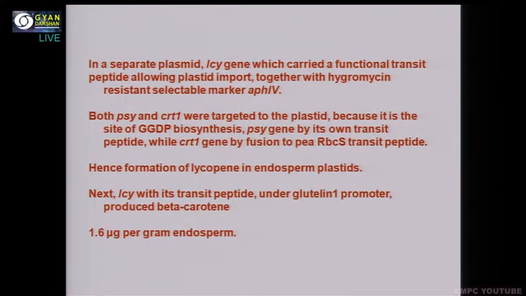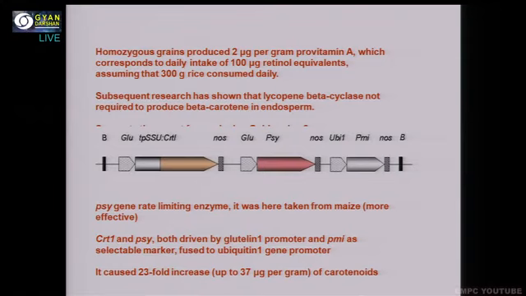This was the amount of beta carotene produced in the transgenic, or golden, rice. Of course, people went on with other modifications, and finally up to 37 microgram per gram of carotenoids could be generated in rice grains. That was the ultimate improvement in the production of beta carotene in transgenic golden rice.